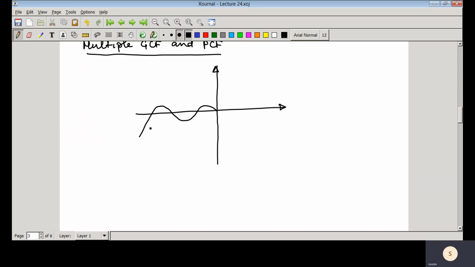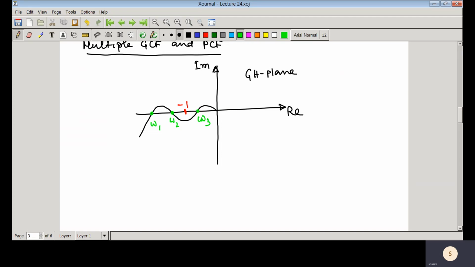We are just showing a part of the Nyquist plot, and of course this is the GH plane. This is the real axis, and this is the imaginary axis. And suppose you have the critical point here. So we have three frequencies here: omega 1, omega 2, and omega 3.